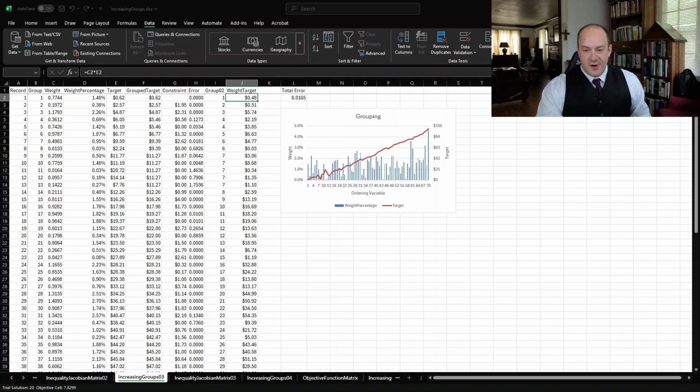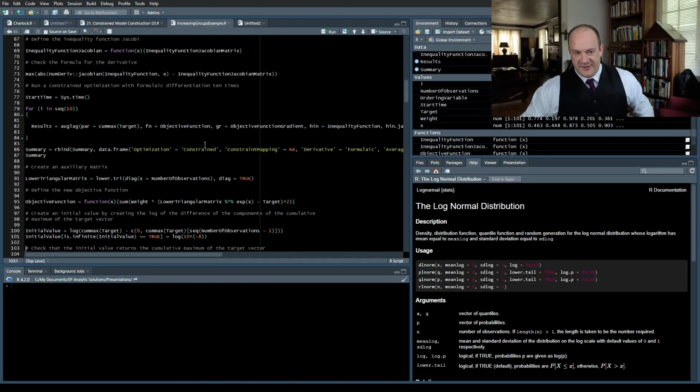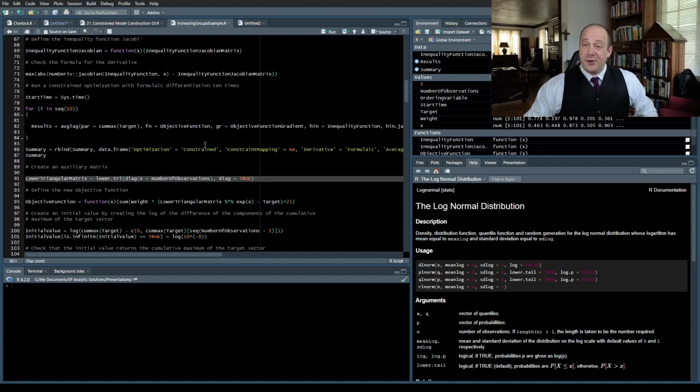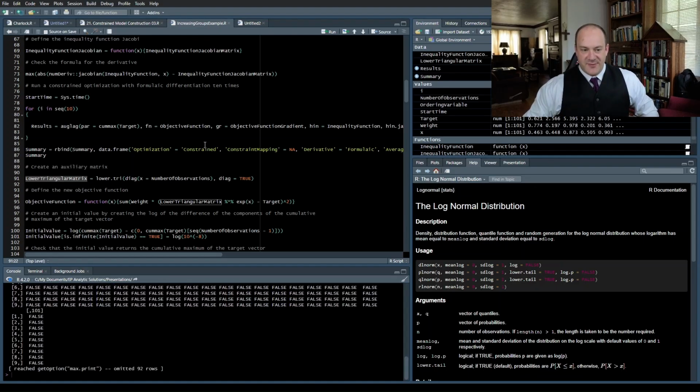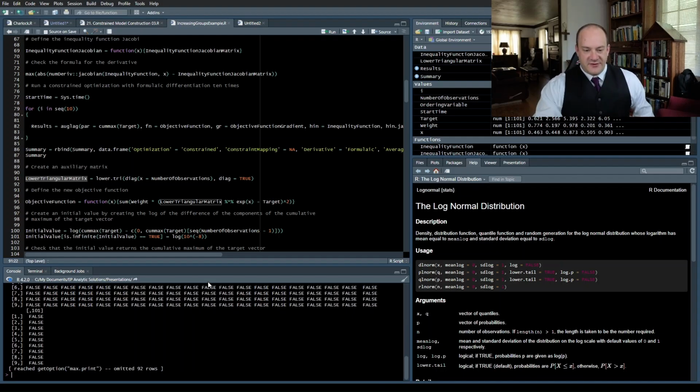Okay, so in R, now that we know that we want to have a lower triangular matrix, we create one of those things. That's what we have right here. It says create auxiliary matrix. There's our lower triangular matrix. Looks just like this. Oh, looks like Mr. Solver's done.